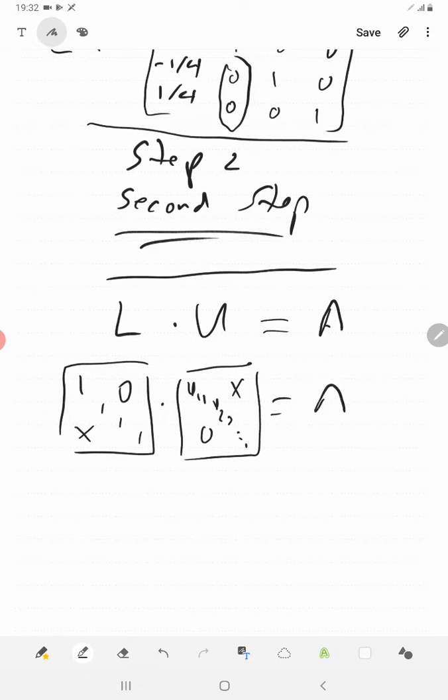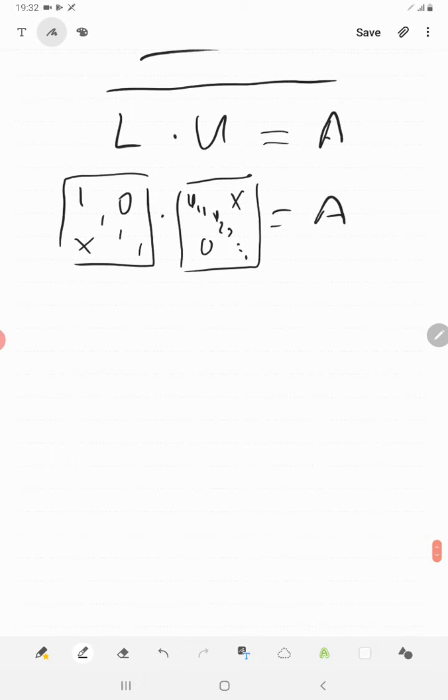Now what we want to do: we say that Ax equals b, find x.